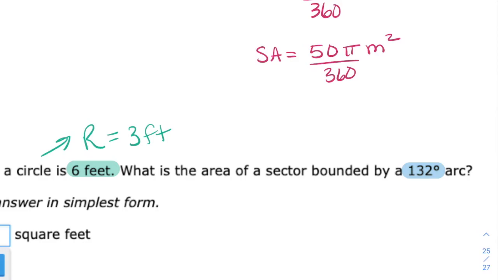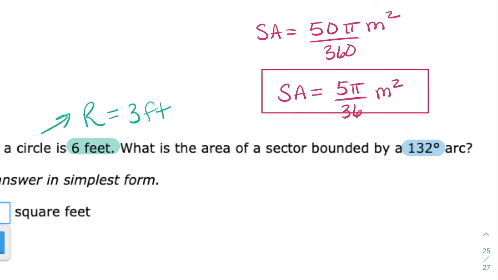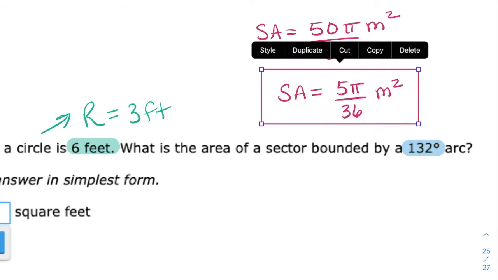Now they are both divisible by 10. 50 is divisible by 10, and so too is 360. So we get 5 pi over 36 meters squared. And we are done. It's not divisible by anything else.